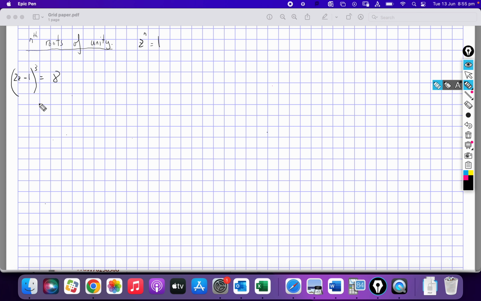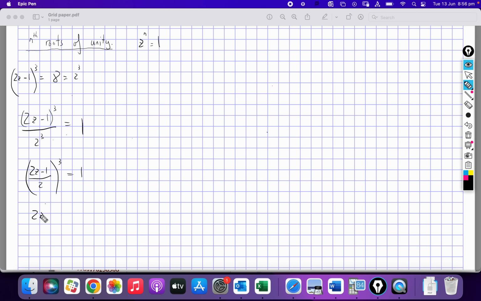So what I'm saying here is 2z minus 1, all cubed. What I want to do is divide it by 2 cubed, because the 8 is 2 cubed, and that will leave me with 1 behind. And I've got cubed and cubed, so I can put it all under one power, like that. I know from experience how this is going to play out.